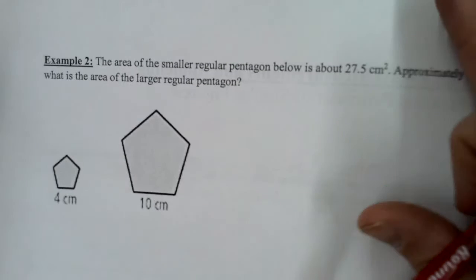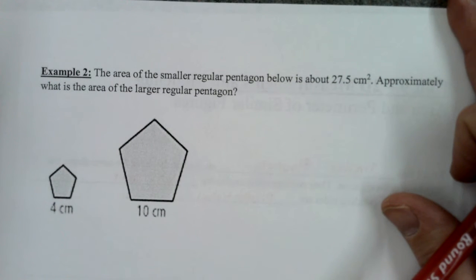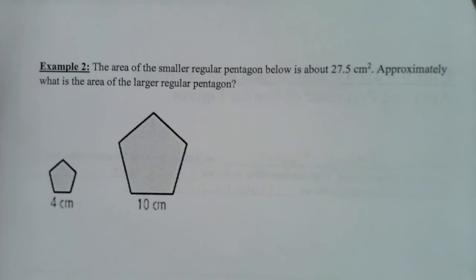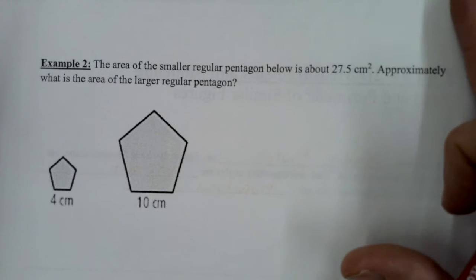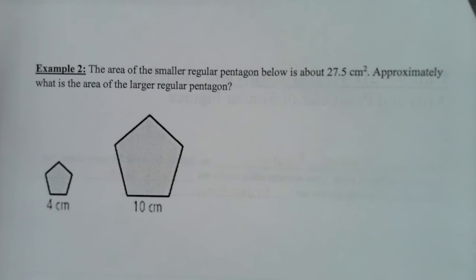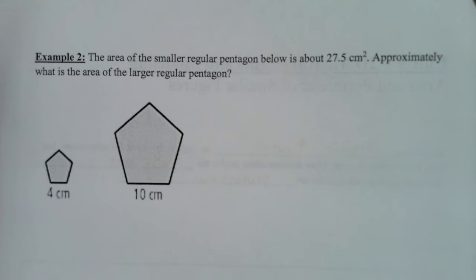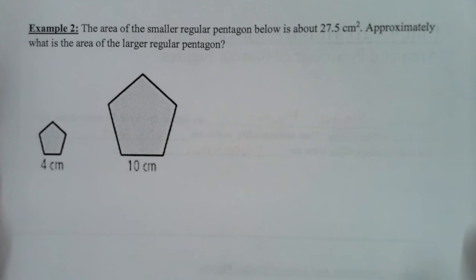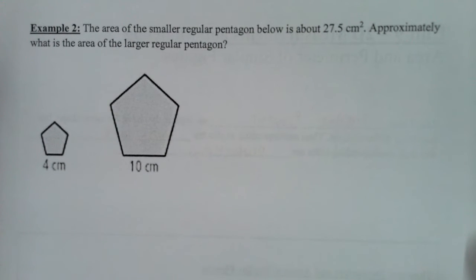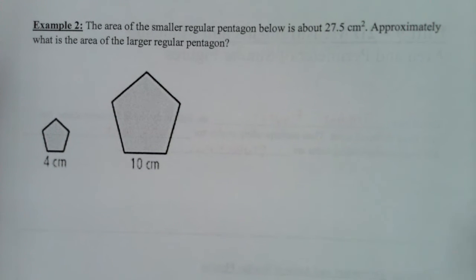Example 2. The area of the smaller pentagon below is about 27.5 centimeters squared. Approximately, what is the area of the larger pentagon? So, let's look at the ratio of the corresponding sides. They're both regular pentagons, so it means they're similar.